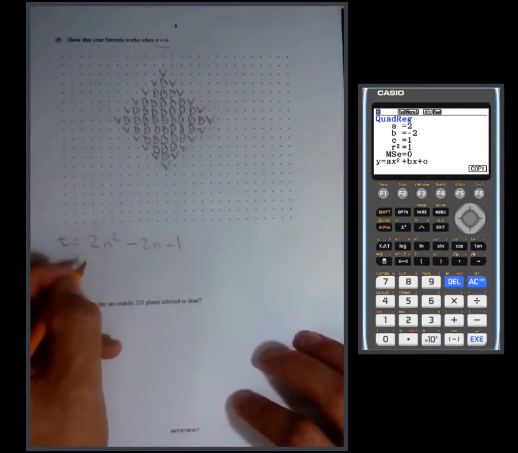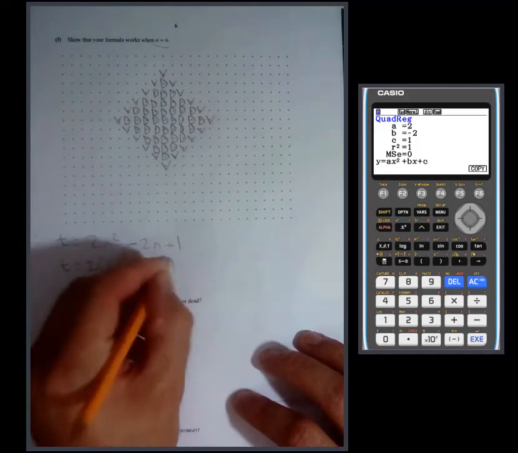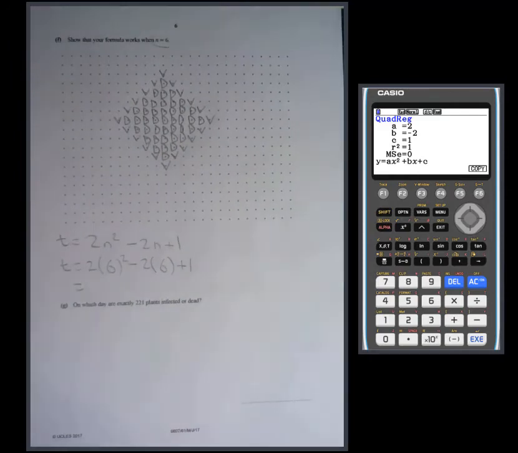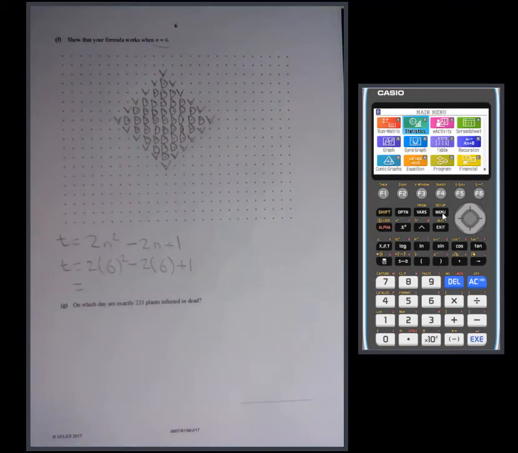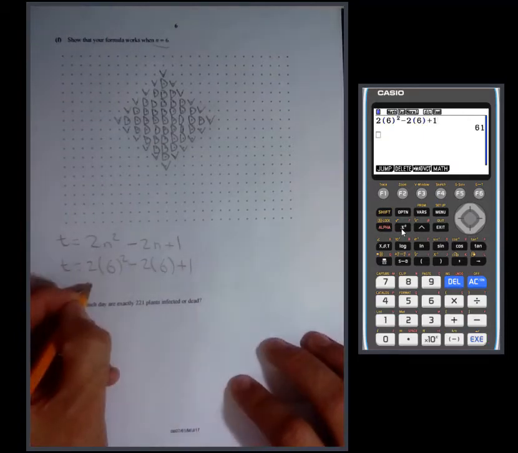So it should be 2 times 6 squared minus 2 times 6 plus 1. If we go to our calculator, in the run matrix, 2 times 6 squared minus 2 times 6 plus 1, that gives me 61.